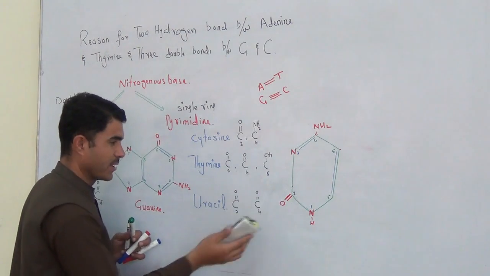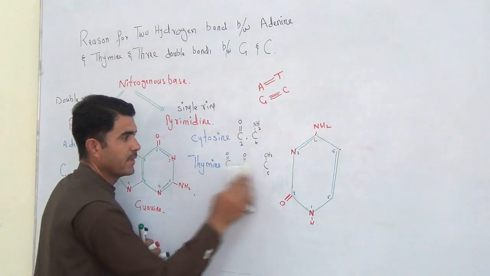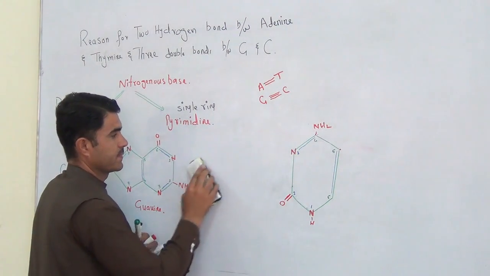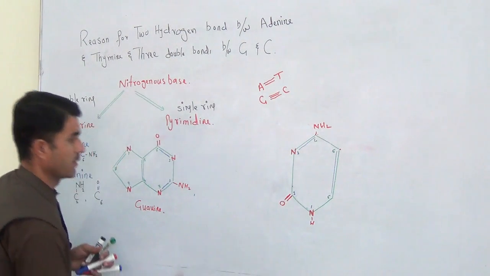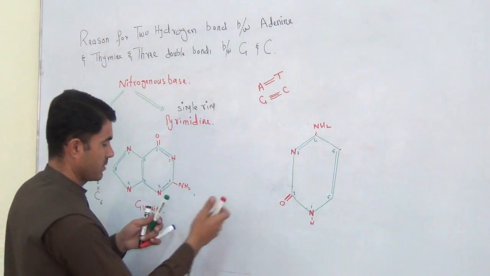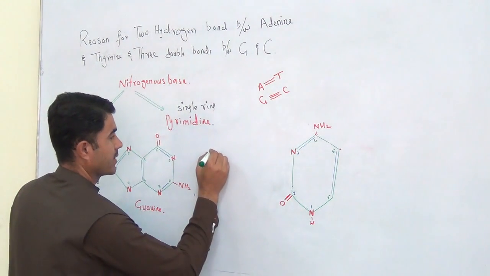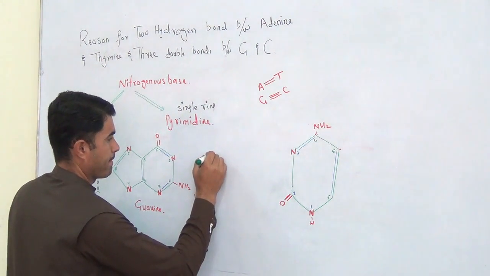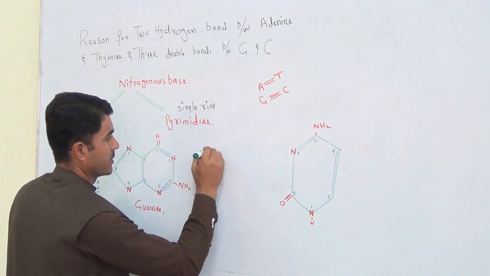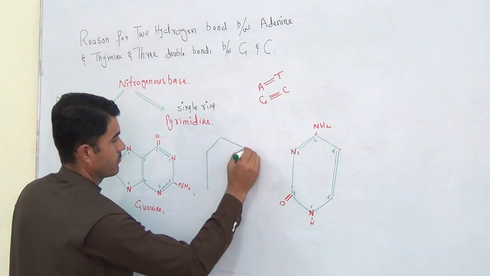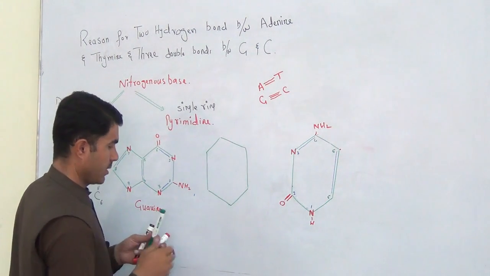This time I'm going to erase it because you can reverse the video and watch it again anytime. So this is cytosine. Now if I bring it a little bit closer, we will write it like this. This is the pyrimidine ring.